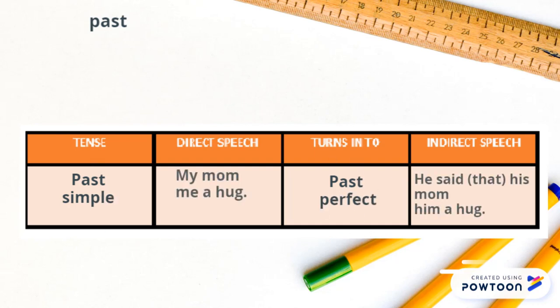The direct speech turns into indirect speech. Past simple turns into past perfect. Direct speech, my mom gave me a hug. "Gave" is in green. Indirect speech, he said that his mom had given him a hug.